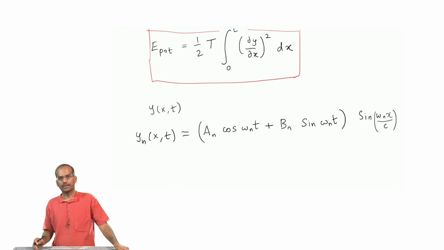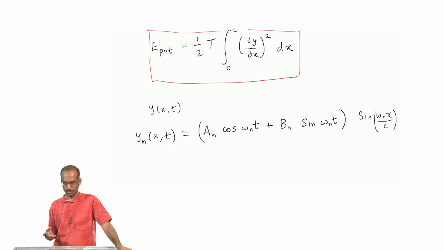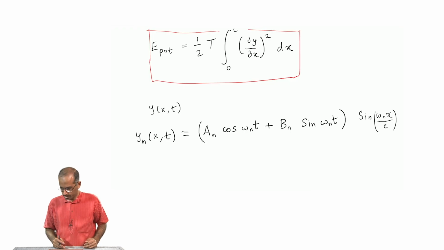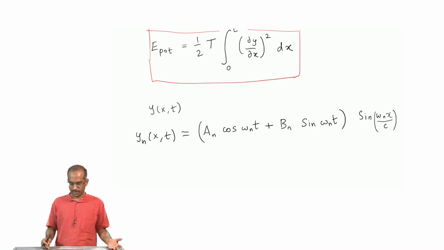In this expression, n denotes the index for the normal mode that we are considering. A n and B n are the amplitudes of the two superposed components, and omega n is the normal mode frequency. Now, to compute the kinetic and potential energy, I need y dot and dou y by dou x.